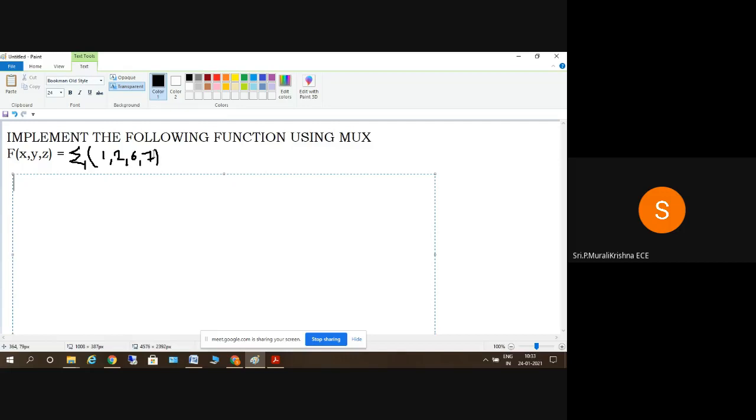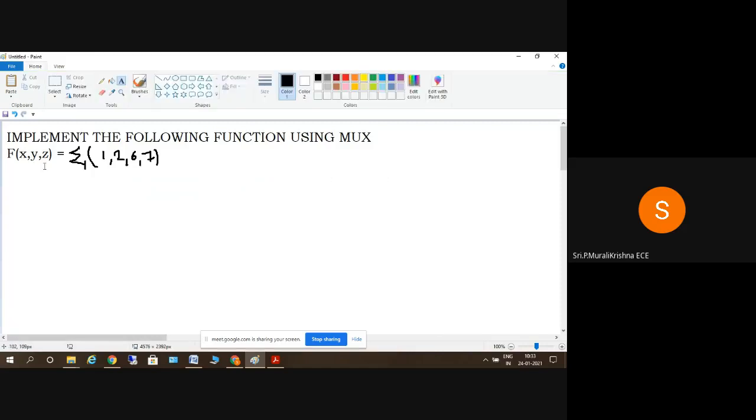But we will be having only 4 inputs and 2 selection lines and 1 output, right? So this will give a 4:1 multiplexer. So what we have to do here is, if I give it as f of x, y, z, x and y should be used as selection lines.